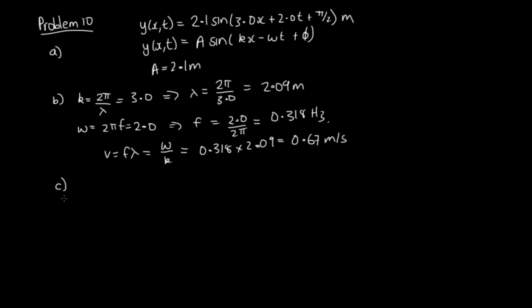Part C then asks us in which direction is the wave traveling. Okay, so when the wave's traveling to the right in the positive direction, the numbers in front of the x and the t have opposite signs. In this case, they've got the same sign, and so this wave is traveling in the negative direction, so to the left.